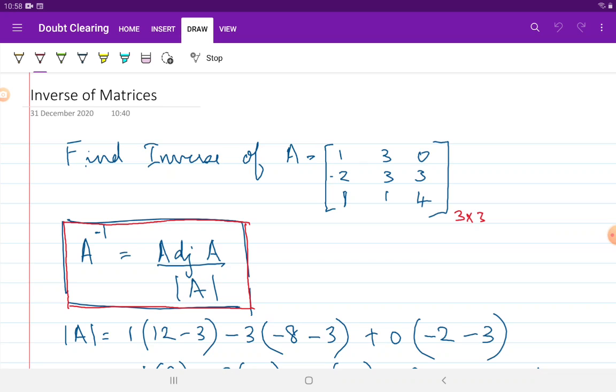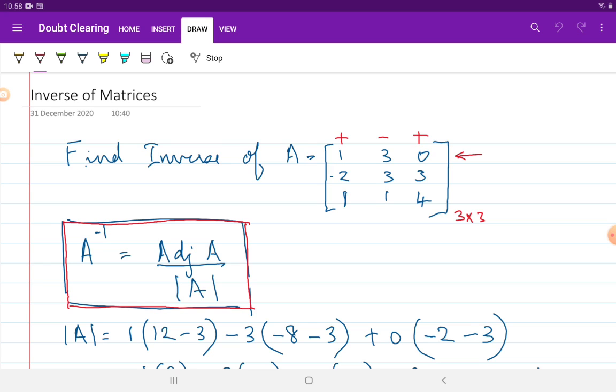As a first step, let me find the denominator, which is the determinant of A. Now remember, when finding the determinant, you need to apply these symbols if you are finding the determinants with the help of the first row of the matrix. So, the process is like this: 1 into the minor of the element.